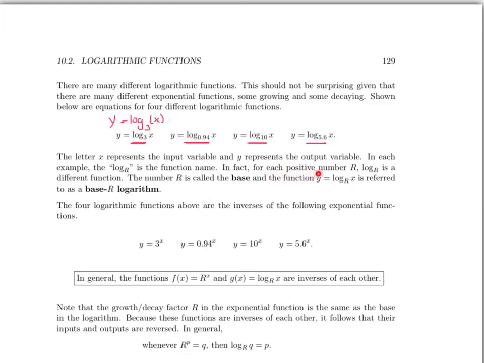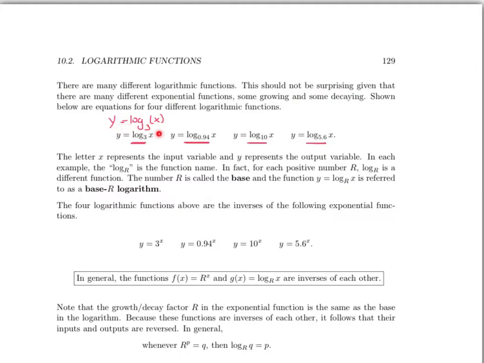For each positive number r, log r is a different function. The number r is called the base, and the function y equals log r of x is referred to as a base r logarithm. The 4 logarithmic functions above are the inverses of the following exponential functions.